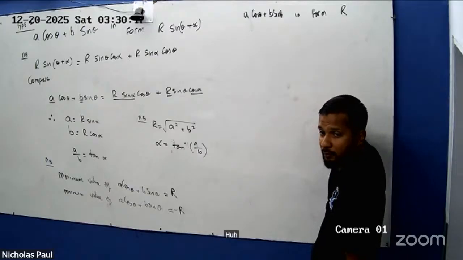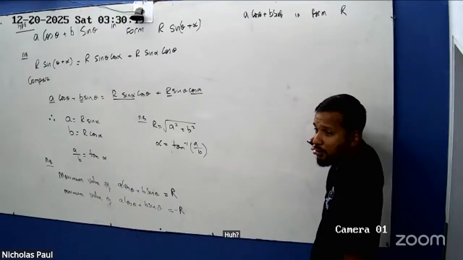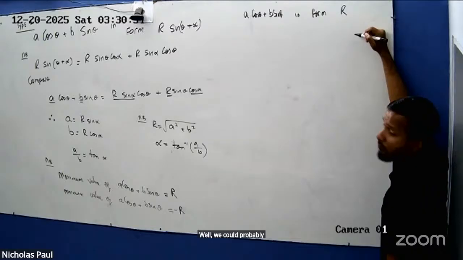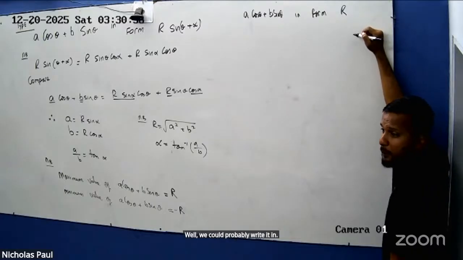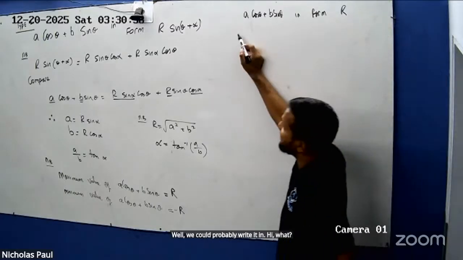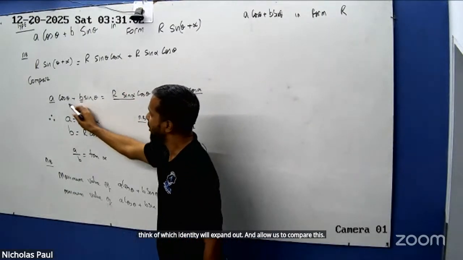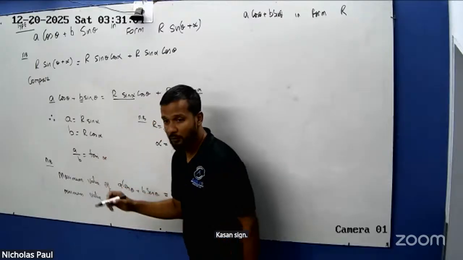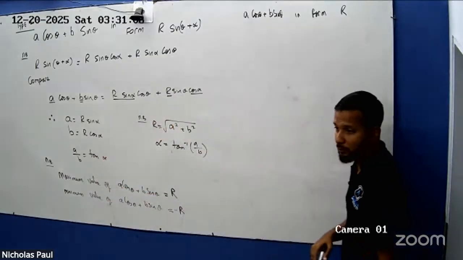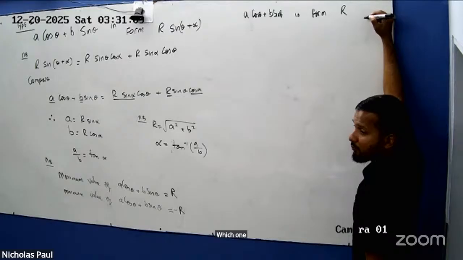Well, we could probably write it in another form. Think of which identity will expand out and allow us to compare this cos and sine. Which one? Any ideas?